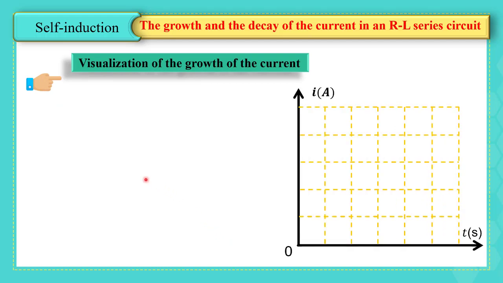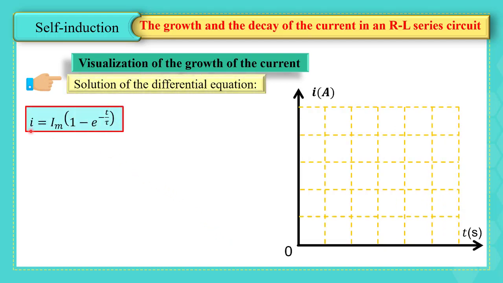The solution of this differential equation has the form i equals I maximum times (1 minus exponential of minus t over tau), where I maximum equals E over R total and tau equals L over R total.